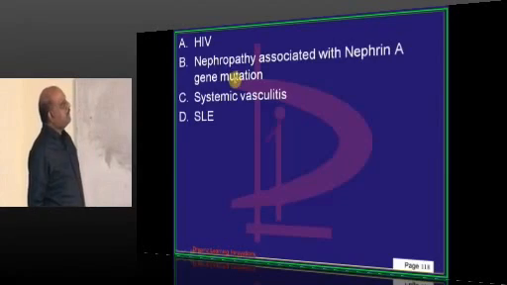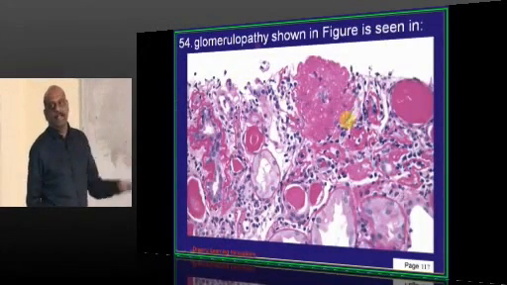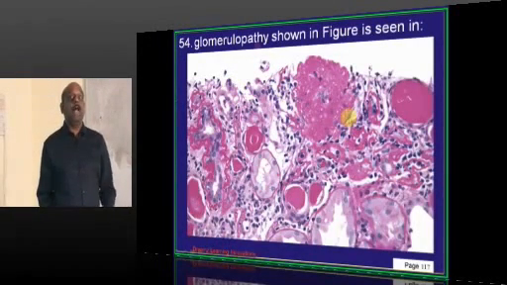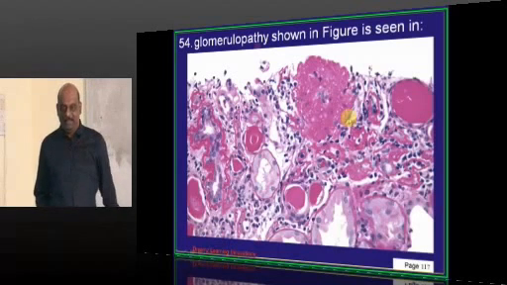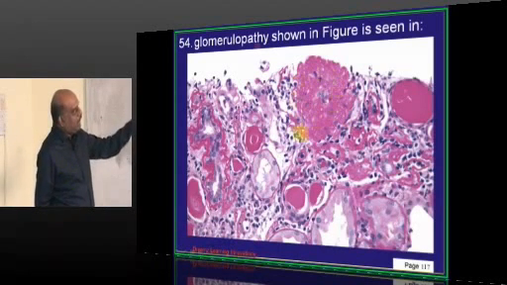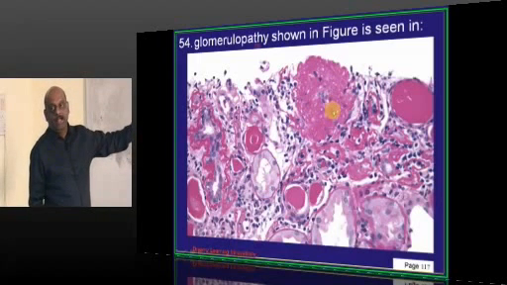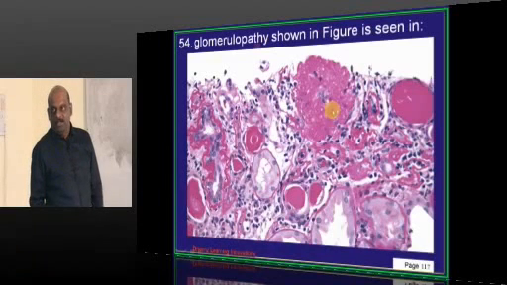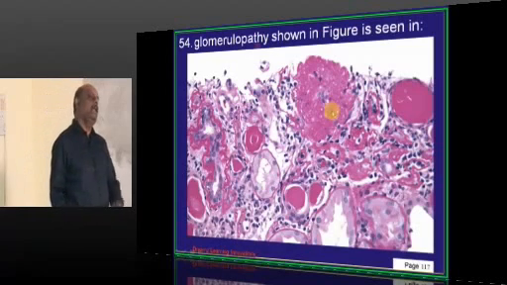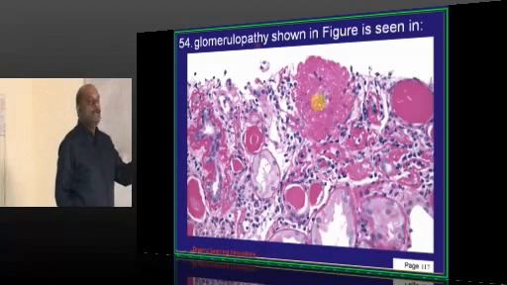So what is this glomerulopathy? It's called collapsing glomerulopathy. You can see the glomerular structure has collapsed. This is a typical feature of HIV. HIV glomerulopathy is called collapsing glomerulopathy, where the entire glomerular structure is destroyed and collapsed.